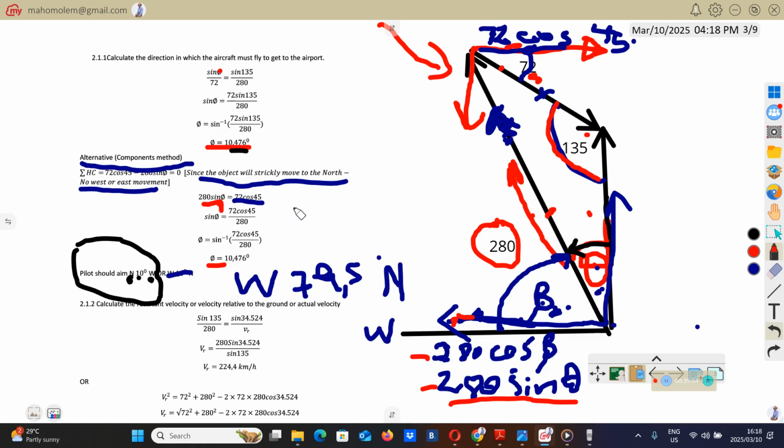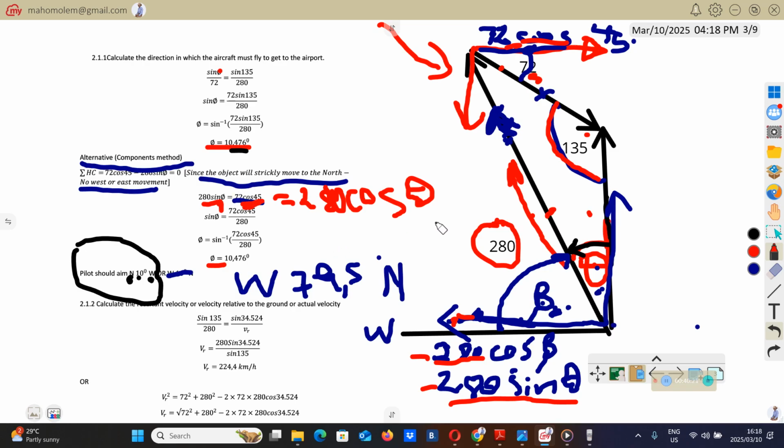So if you decide to say this component equals to that, then you will have 280 cos theta equals to this, equals to 72 cos 45.